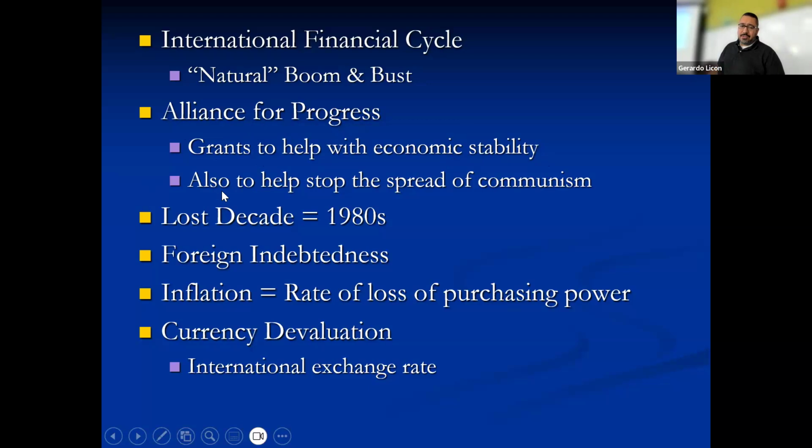But Clawson introduces us to the fact that it wasn't just out of the goodness of the hearts of these banks, especially banks from the United States. This was also an effort to stop the spread of communism during the Cold War.